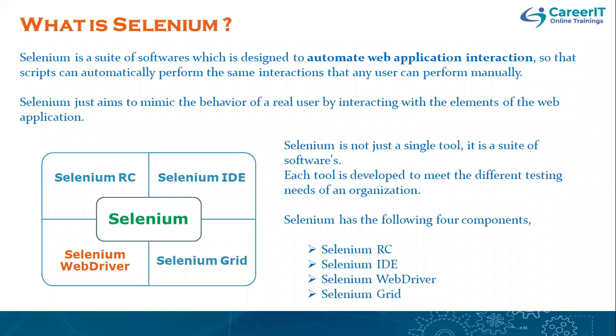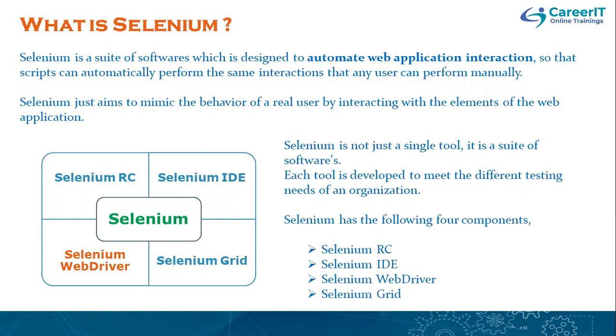Then for Selenium WebDriver, there is a person called Simon Stewart. He was working with Google at that time. He started working on one object-oriented API called Selenium WebDriver, and later he released that to the market.